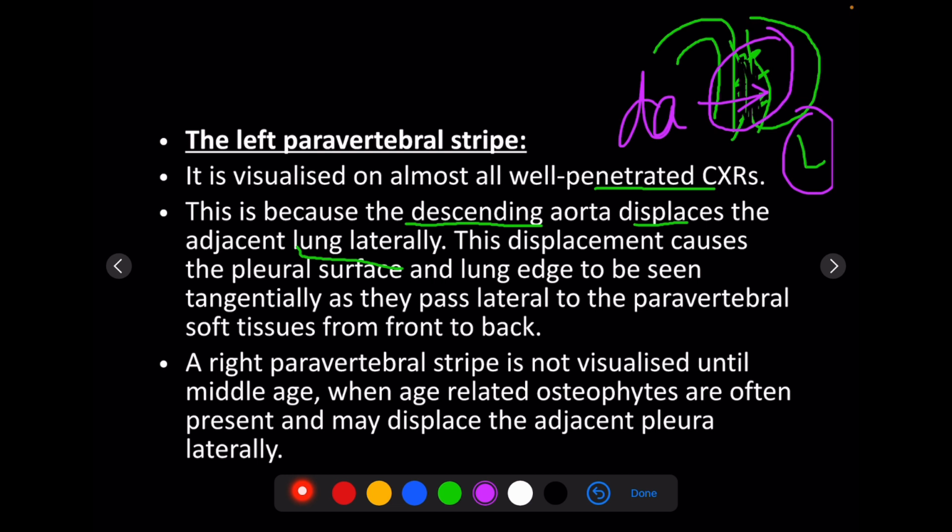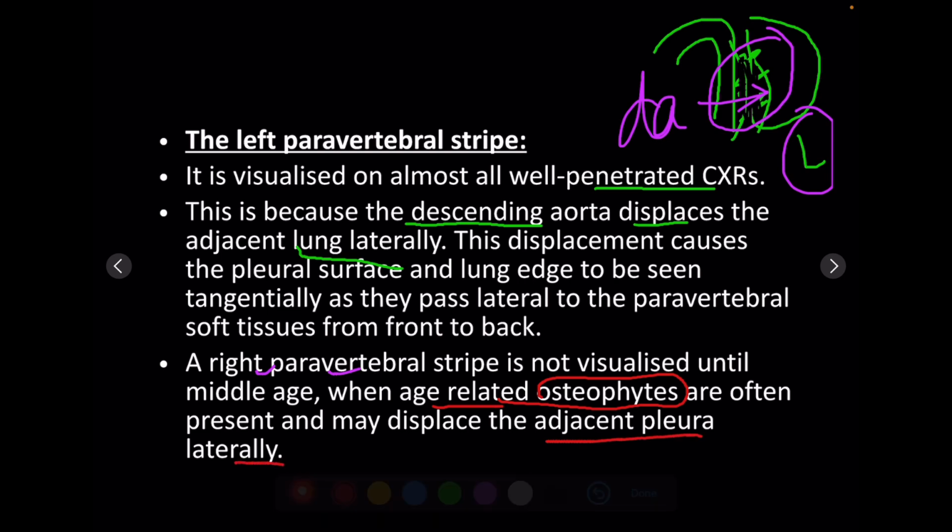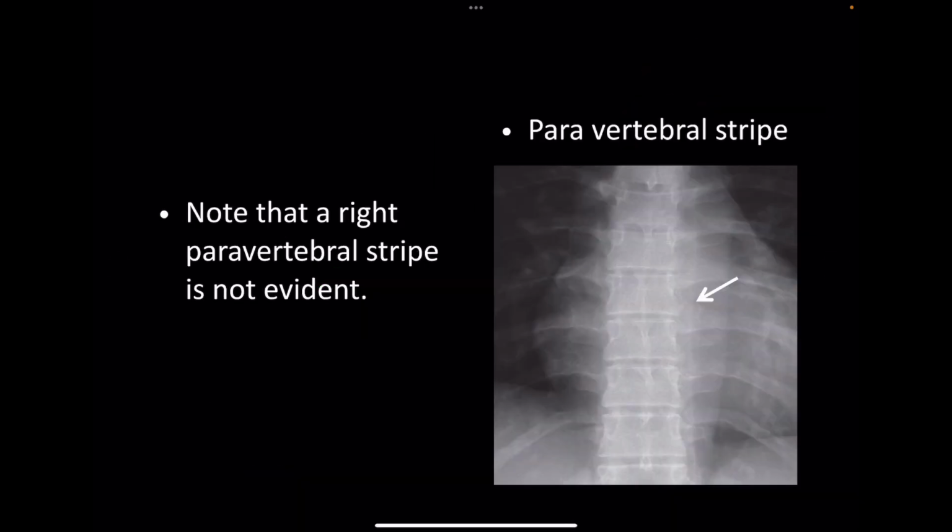Now a right paravertebral stripe usually is not seen, but when a person comes to middle age, age-related osteophytes are present, and then it can be seen. So this is a paravertebral stripe.